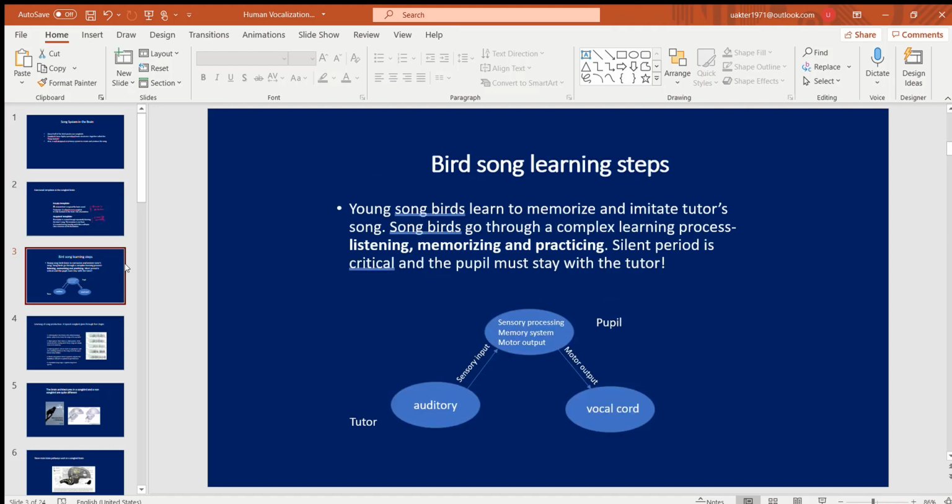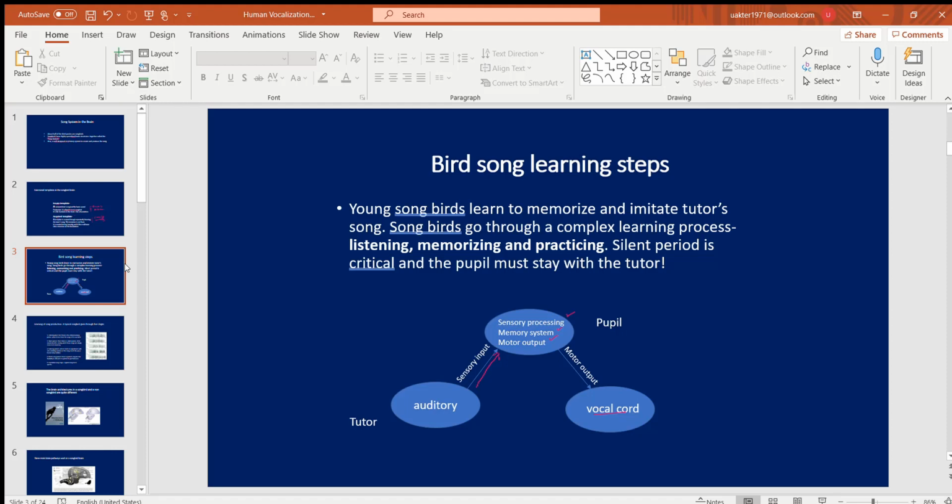Three steps, as I mentioned before: first sensory input via the auditory system, and then processing where the memory system works, and then motor output goes to the vocal cord and other respiratory tract structures.